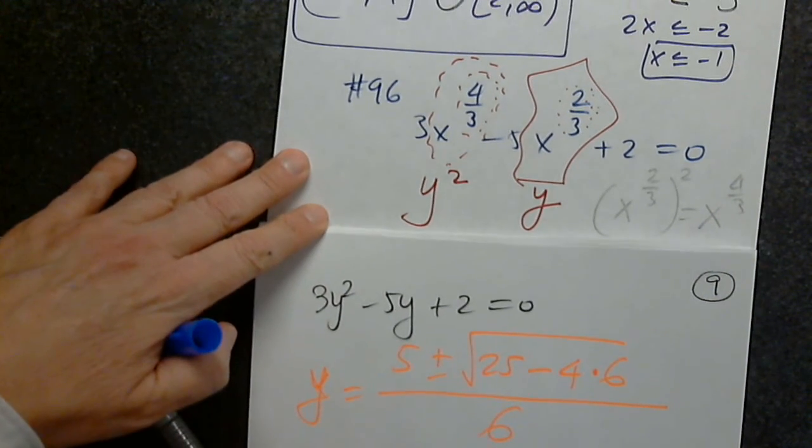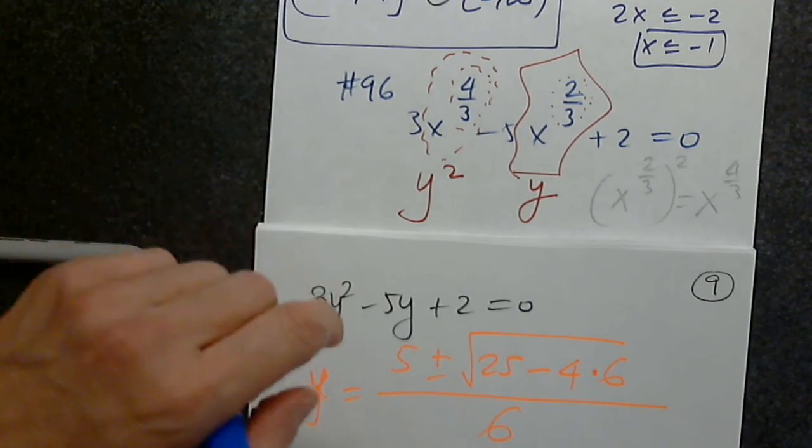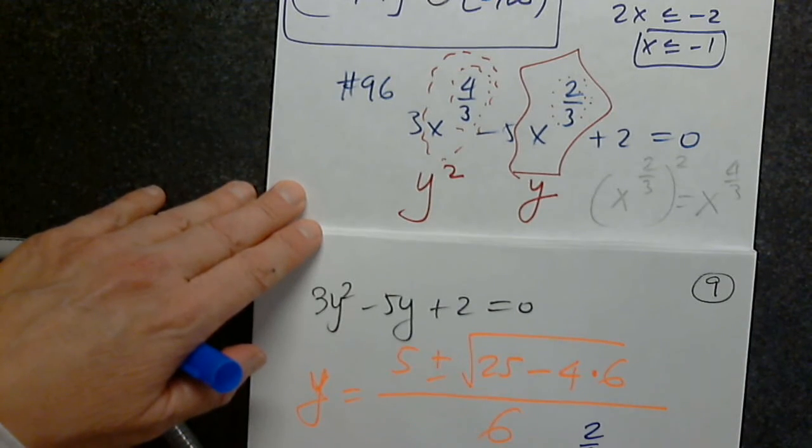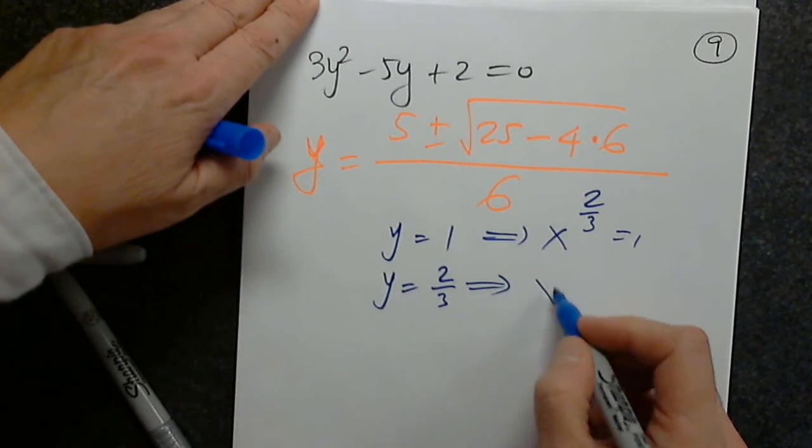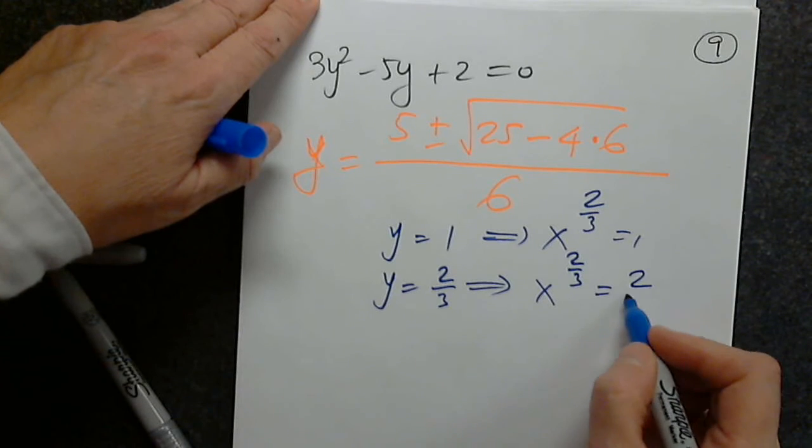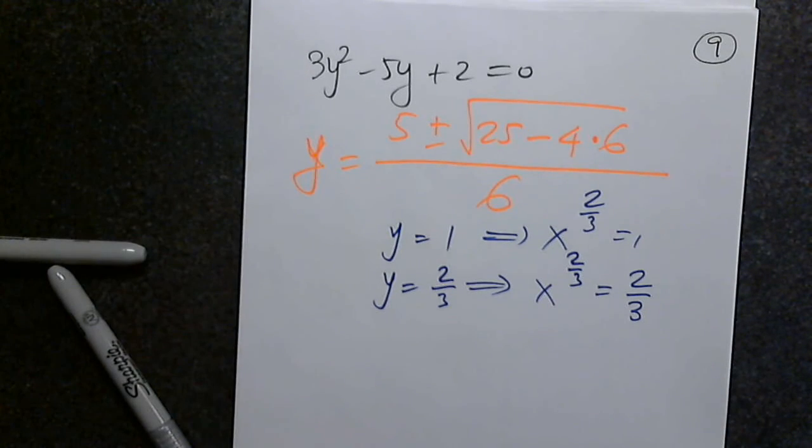The first equation is what? Very good. X to 2/3 equals 1. And the other one is x to 2/3 equals 2/3. No connection. The power has nothing to do with that number on the other side. Okay.